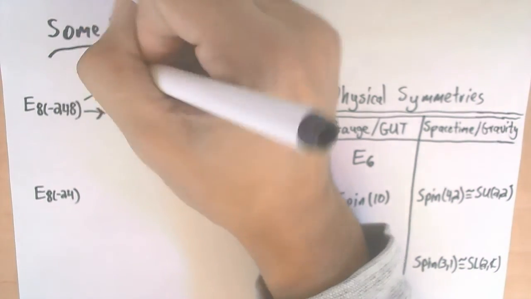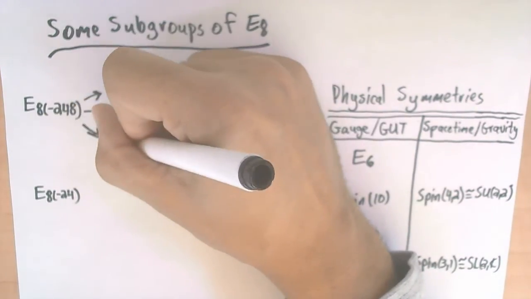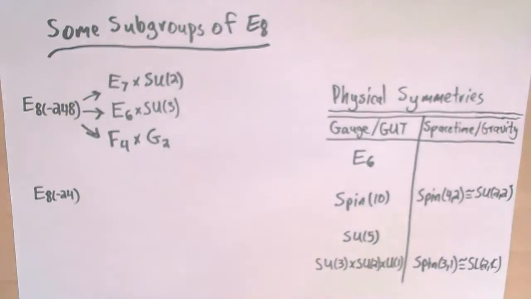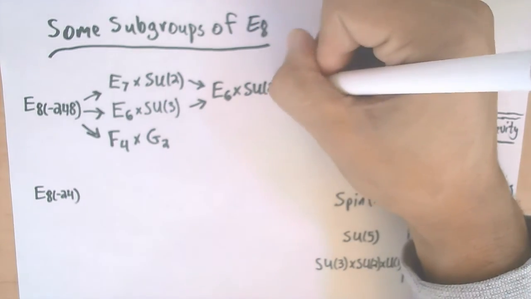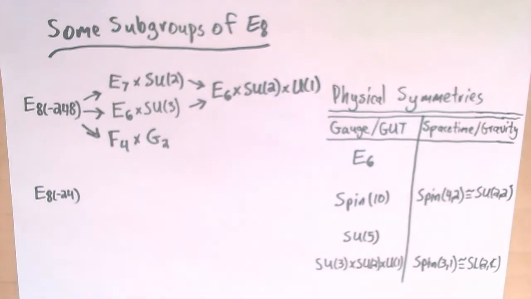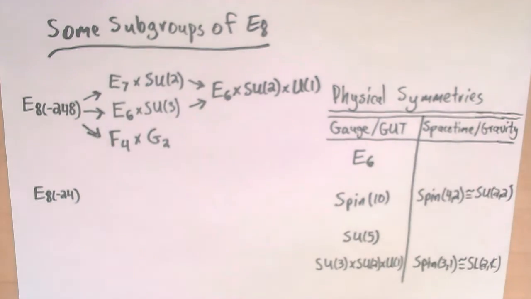E8 can also break to E7 cross SU(2), as well as F4 cross G2. While E7 cross SU(2) and E6 cross SU(3) can break to the same subalgebra of E6 cross SU(2) cross U(1), none of these exceptional breakings contain non-compact spacetime symmetries.